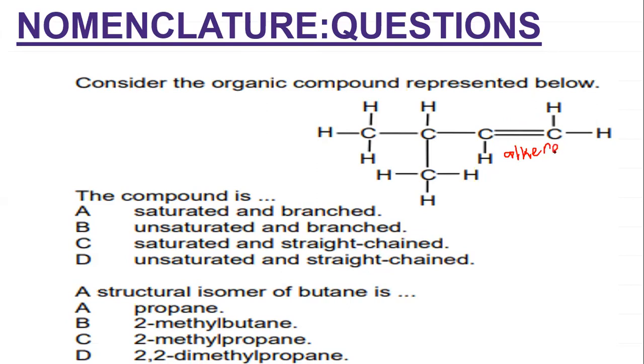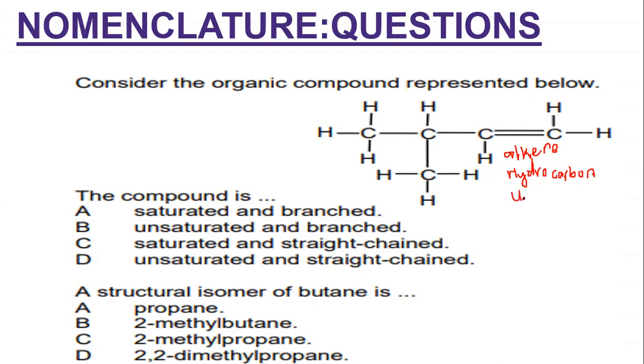Number 2, I can see that it is definitely a hydrocarbon. Why is it a hydrocarbon? Because this molecule contains only carbon and hydrogen atoms. Why is it an alkene? Because it has a double bond between carbon and carbon atoms.